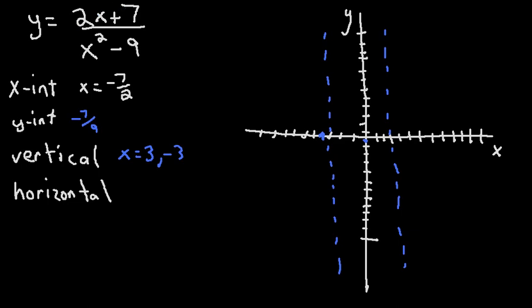If the numerator is larger, then it doesn't have a horizontal asymptote. It could possibly have what's called a slant asymptote, but we won't discuss that in this particular session. So here we have a horizontal asymptote of y equals 0.